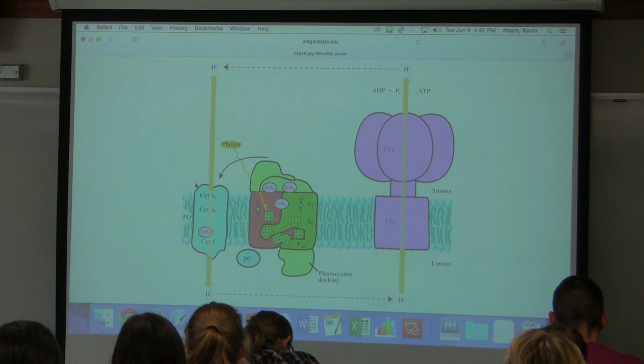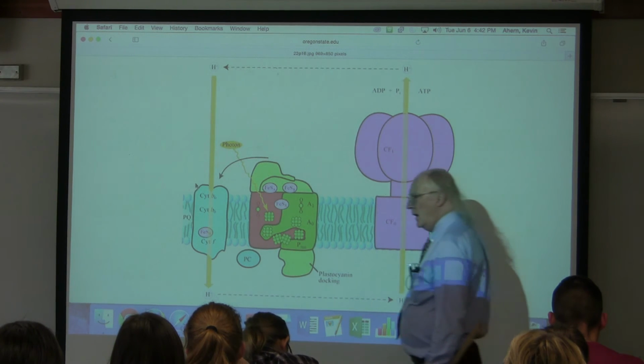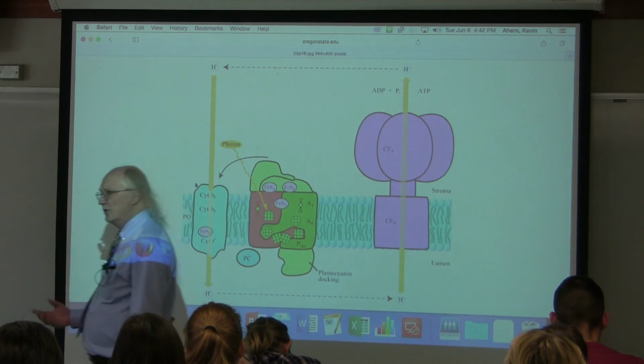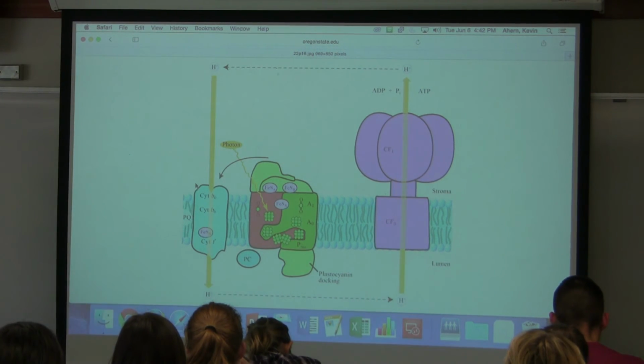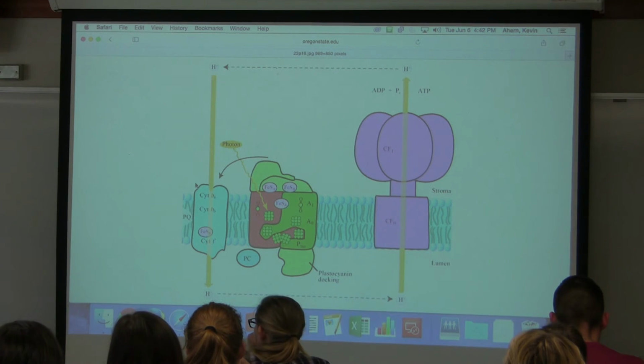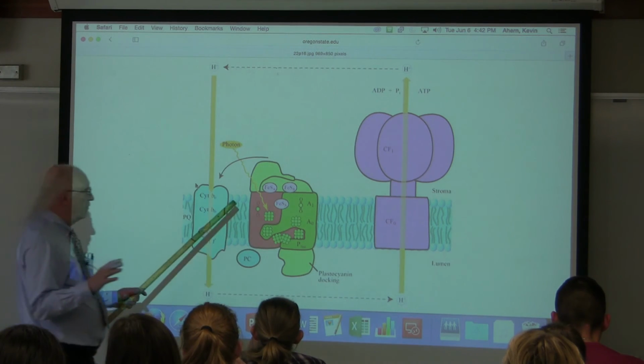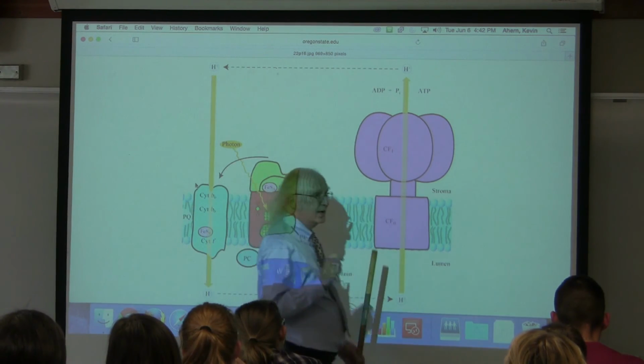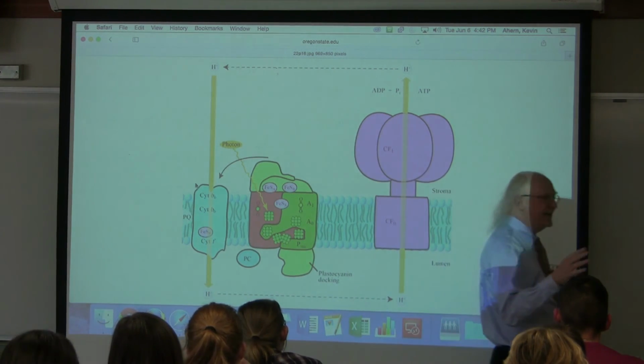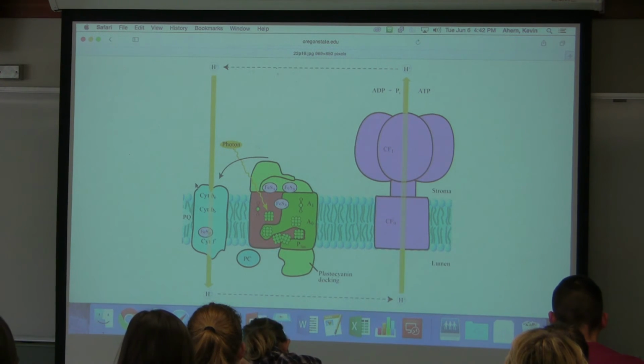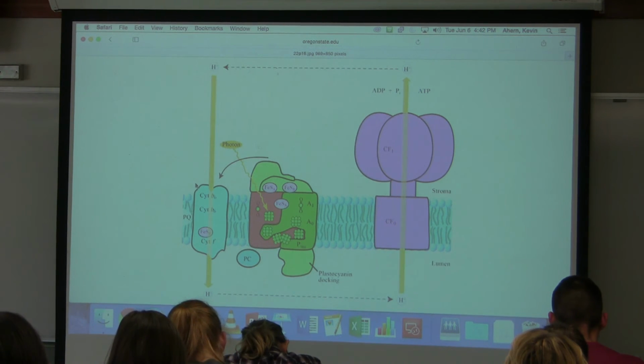Okay? And yes, they can produce a lot of ATP, and you might think ADP is a limitation, and at some level it might be a limitation. But the bigger limitation for plants in bright sunlight is actually NADP. Because that's the ultimate electron acceptor.